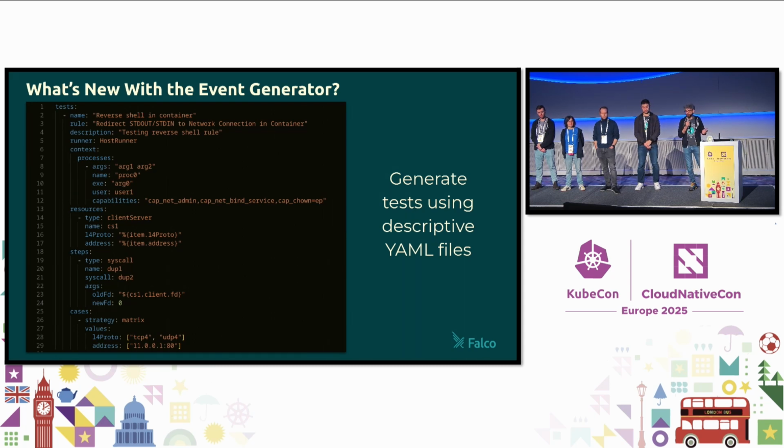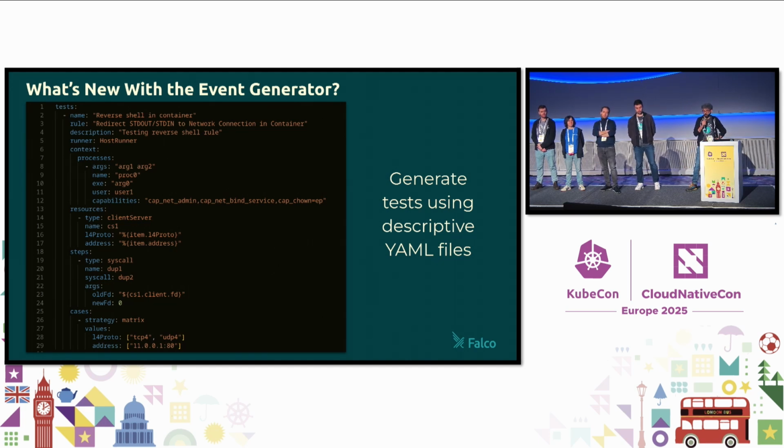There are a lot more features that you can discover if you take a look at the event generator repository. One of these is, for example, that you can bind values from the resource to the arguments that will be passed to the syscalls.